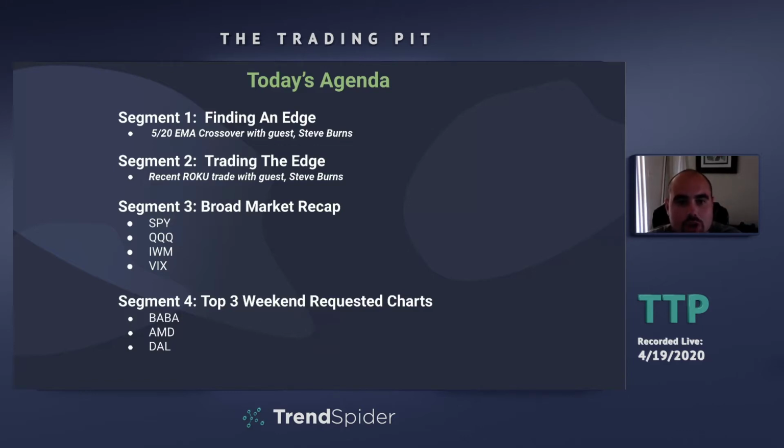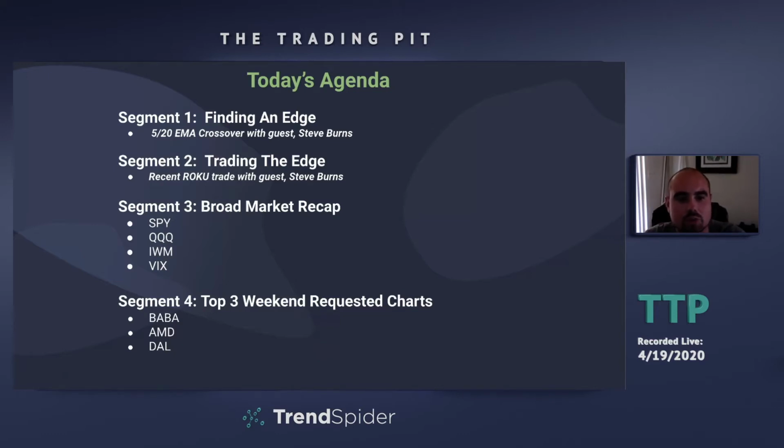We do have a special guest, Steve Burns, who is going to be going over a few different things today. The main thing is how he finds an edge in the market, and his main thing is definitely the back tester. So he's going to go over the 5 and 20 EMA crossover. And then in segment 2, Steve is going to show you guys how he implements this edge into his trading, going over a recent Roku trade that he made.